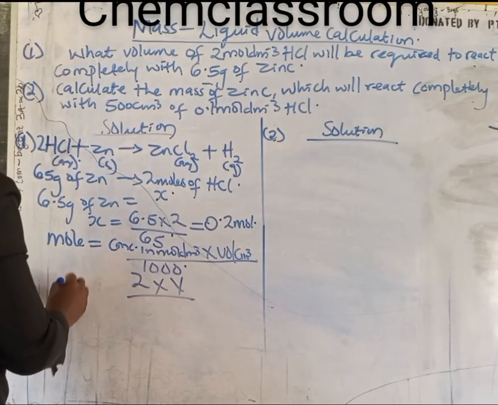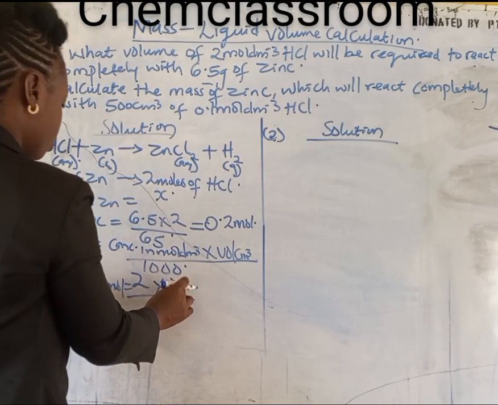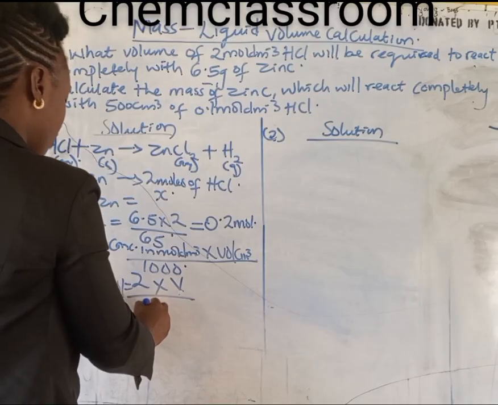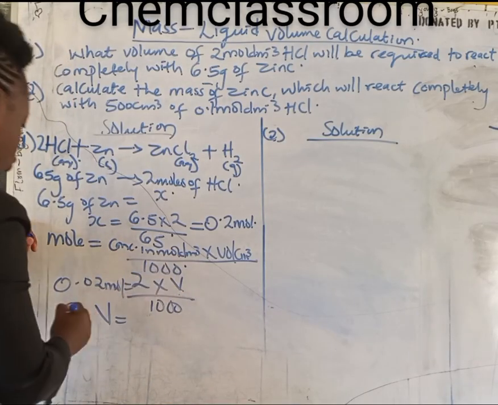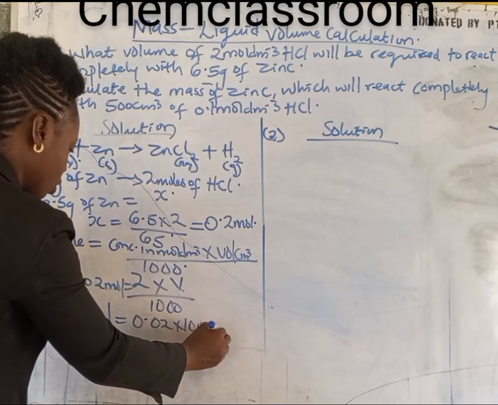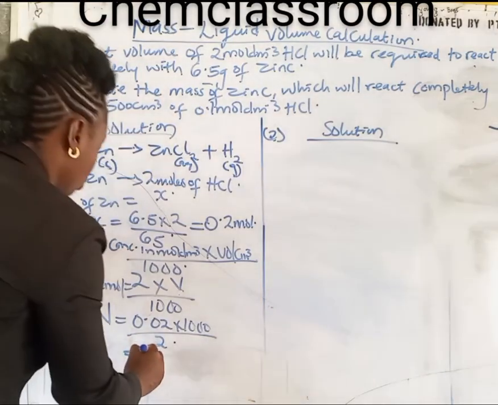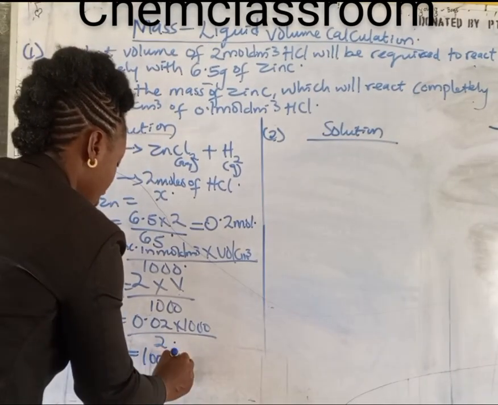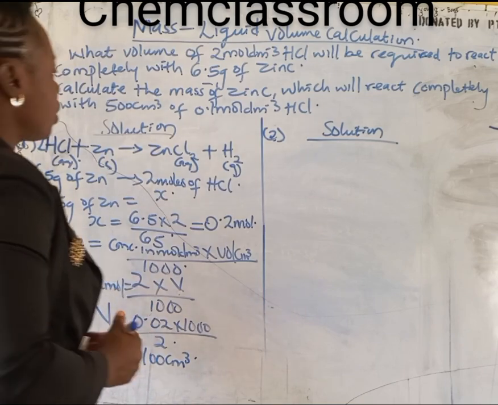Then the mole is 0.02 mole, equals 2 times volume over 1000. So my volume is going to be 0.02 times 1000 divided by 2. In all, for this volume, I'm going to have 100 cm³. So we are done with the first question.